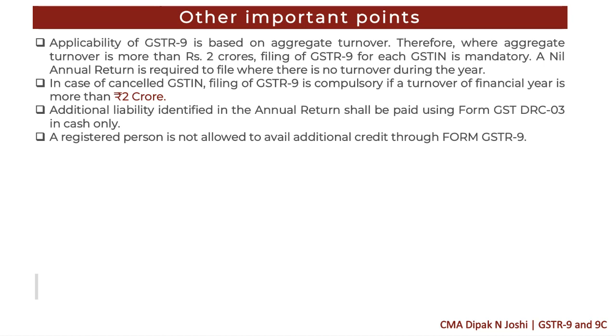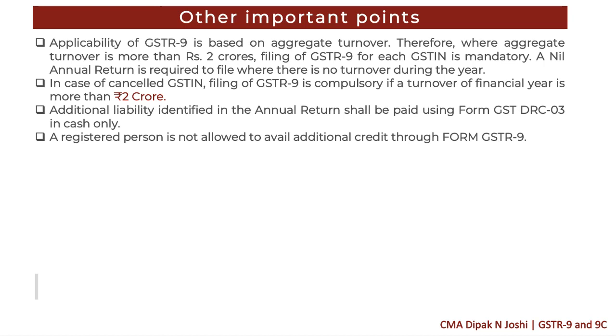Now, as I mentioned earlier, this GSTR 9 return gives you an opportunity to report the unreported transactions. So if any transaction is not reported in GSTR 1 or in GSTR 3B, it is a unique opportunity for the taxpayer to report all such unreported transactions in GSTR 9.